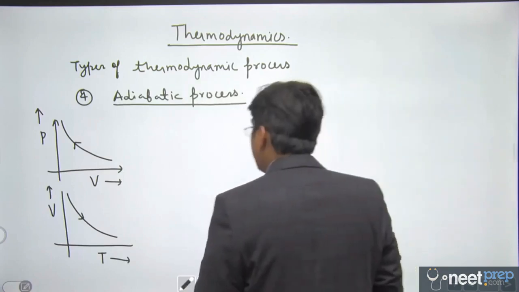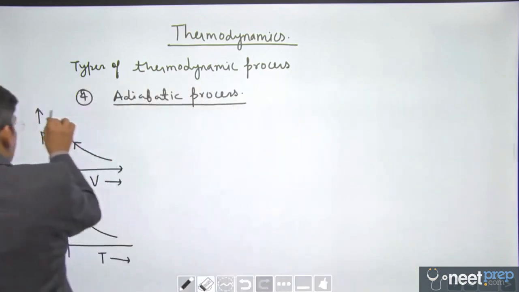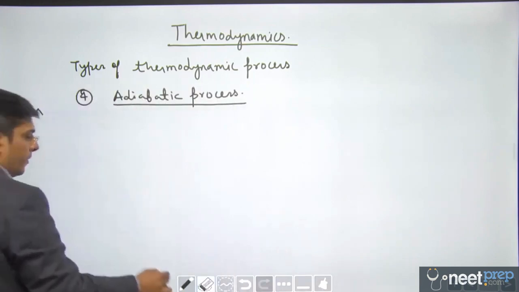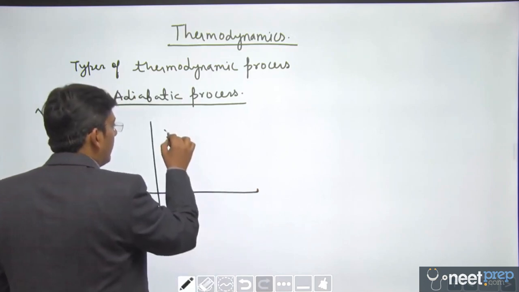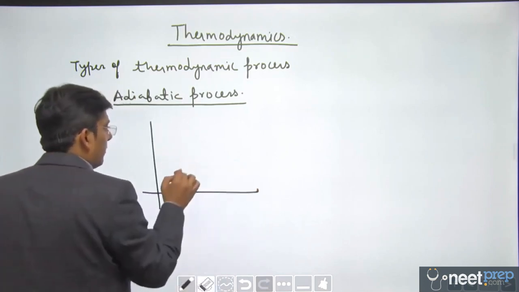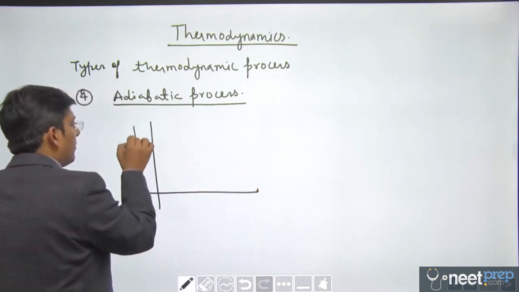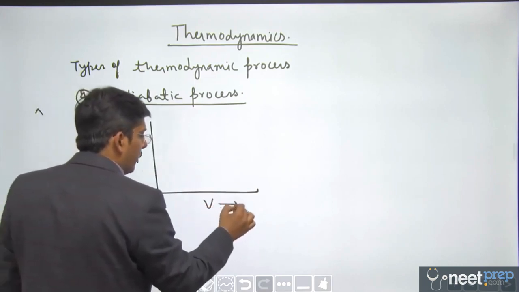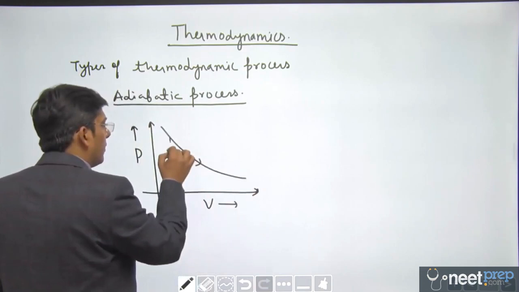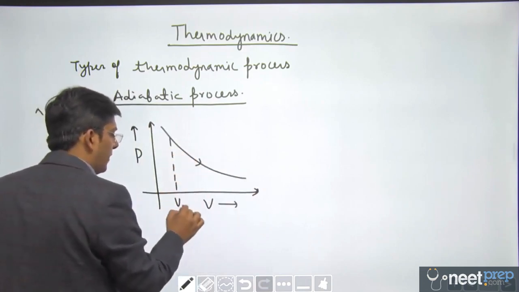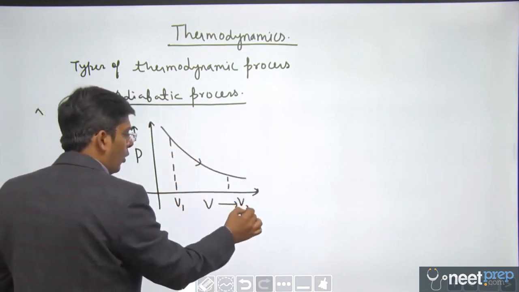Now we are going to calculate the work done in an adiabatic process. If this is the PV graph for an adiabatic process, work done is basically the area bounded by the PV graph. Volume is V1 to V2.